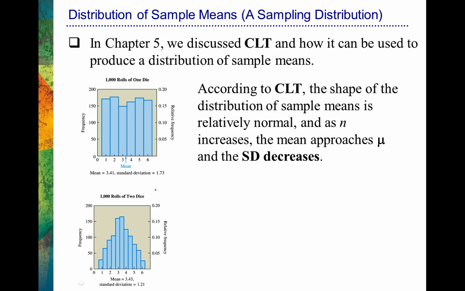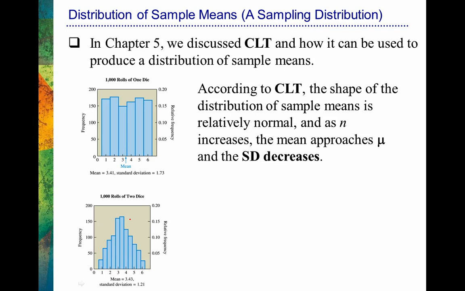Well, according to central limit theorem, we wouldn't have to actually go through all that hard work in this case and roll 2 dice 1,000 times. We already know how this distribution is going to look. According to central limit theorem, the shape of this distribution of sample means will be relatively normal.